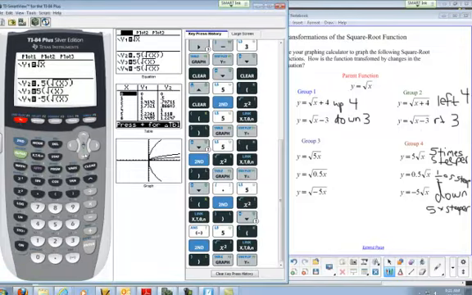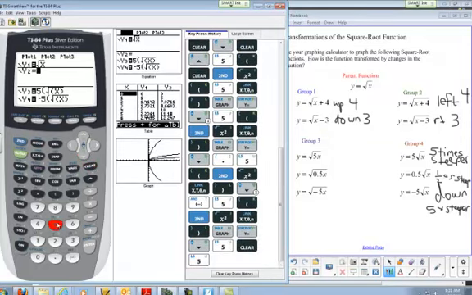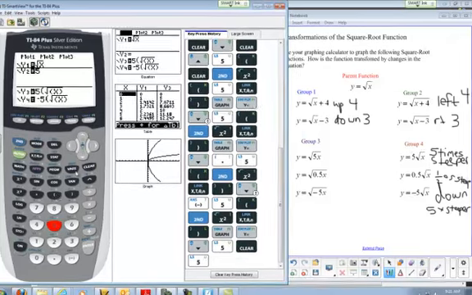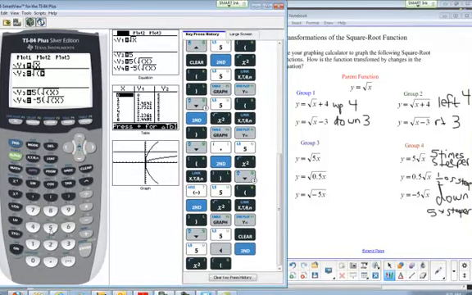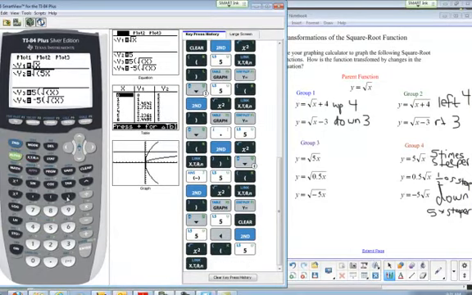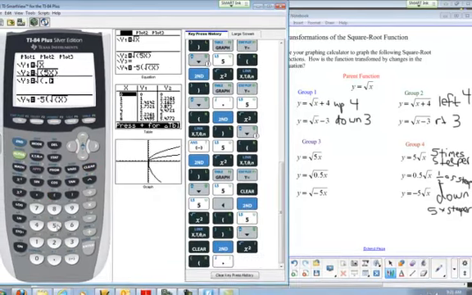So we've got 5. I'm just going to clear this whole thing. Square root of 5x. And then we've got square root of 0.5x.